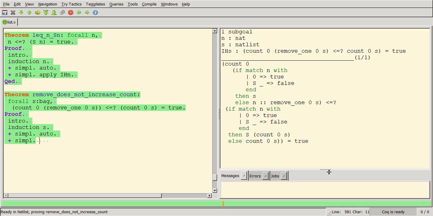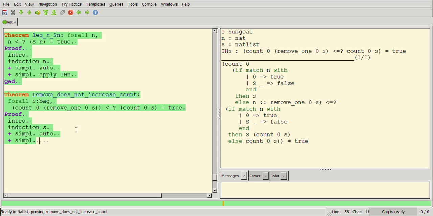What it does is that this simplification replaces the remove one function with these match n with statements and if then else statements. So this match n with statement is actually pattern matching on n, and we do not know the value of n. So n can either be 0 or it can be s followed by something.